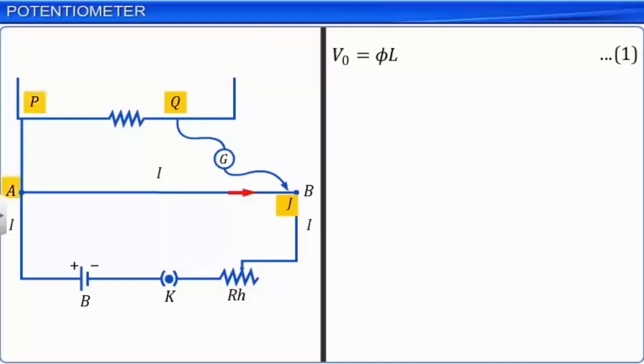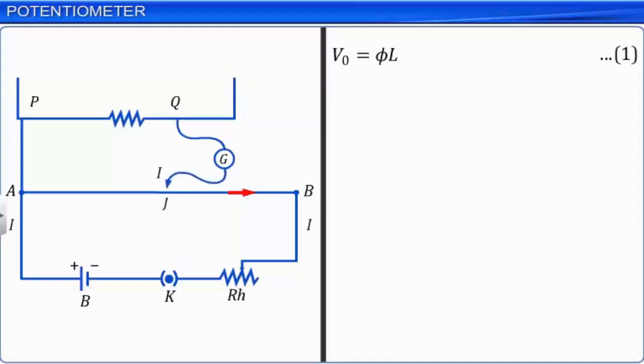If there is a potential difference between points Q and J, there will be a current passing through the galvanometer. Contact is made on the potentiometer wire using the jockey, which is pressed at various points on the potentiometer wire.